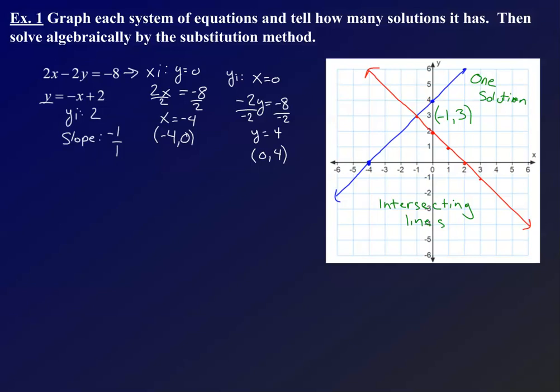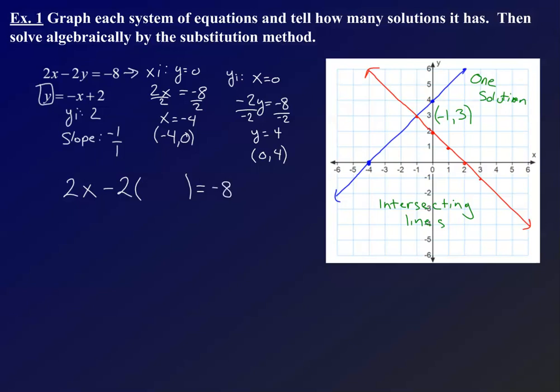So we have y equals, so in the first equation, we're going to take and rewrite it, 2x minus 2, but instead of y, again, we're going to put parentheses like we were doing the other day, equals negative 8.